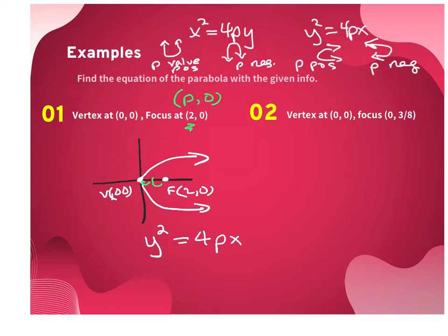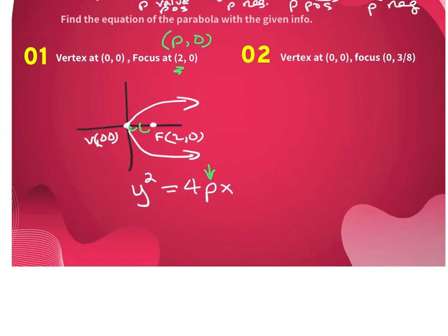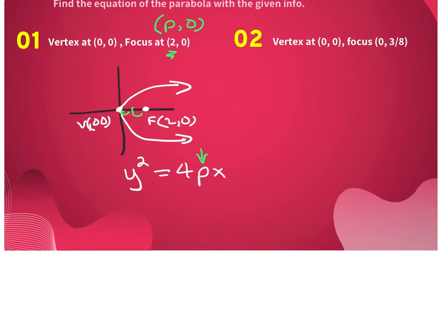So my p-value is right here. It's 2. So now all I'm going to do is come over here and replace in this standard form. I'm going to take out the letter p, and in its place, I'm going to put the number 2. And then I'm going to multiply. And my standard form is now y squared equals 8x. And I'm done.